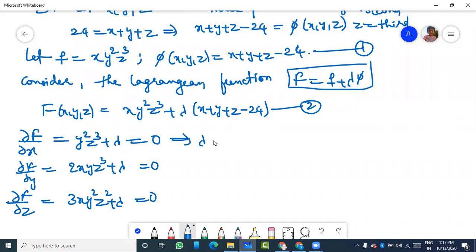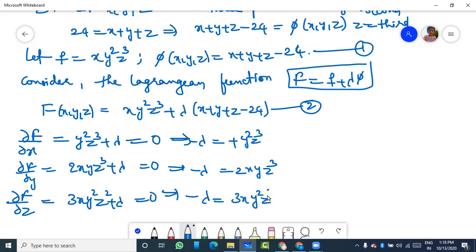From this, minus lambda equal to y square z cube, minus lambda equal to 2xyz cube, minus lambda equal to 3xy square z square.